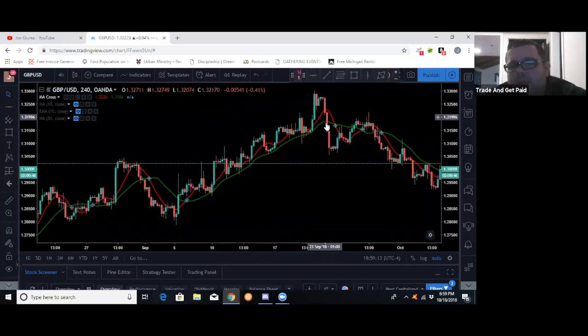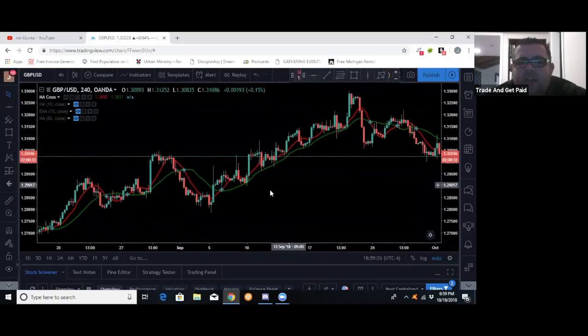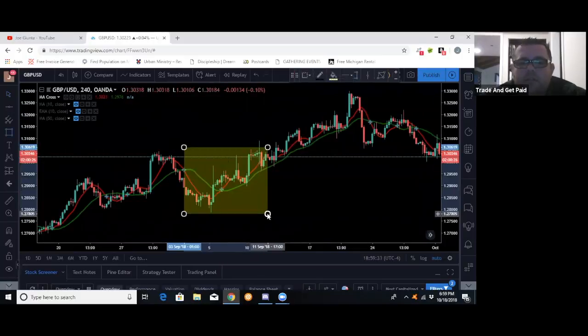Going up. Once it crosses down below, we're back going down and down. The red is going to give us entry. So what we do, let's just say right here. Let's use this one. Okay, so we highlight it right here.